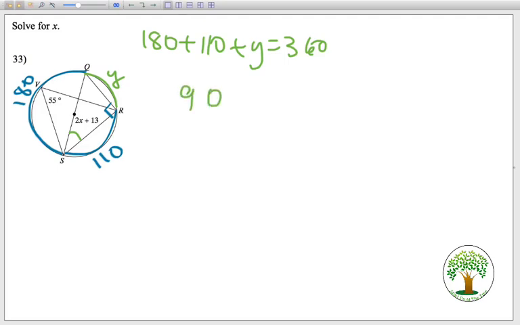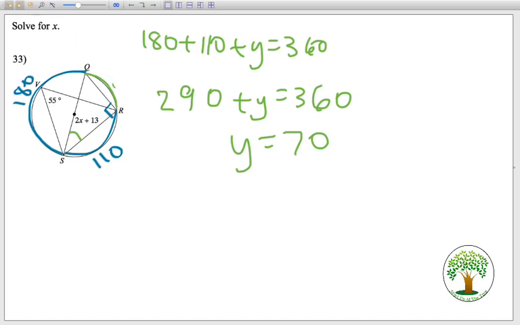This will be 290 plus y is 360. So we're going to subtract that to the other side, and y will equal 70 degrees.